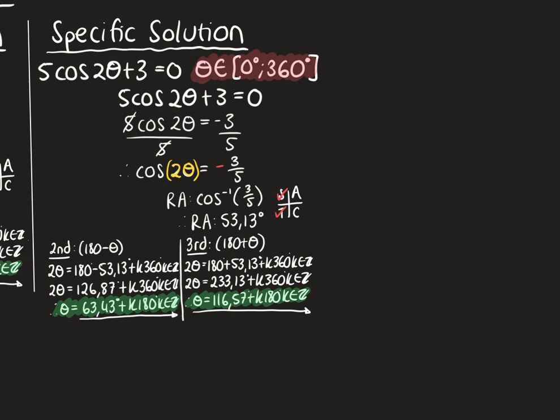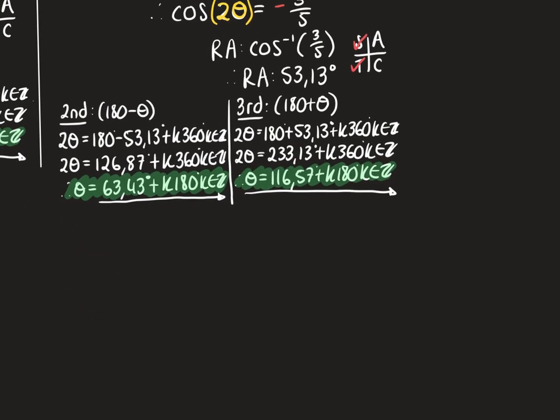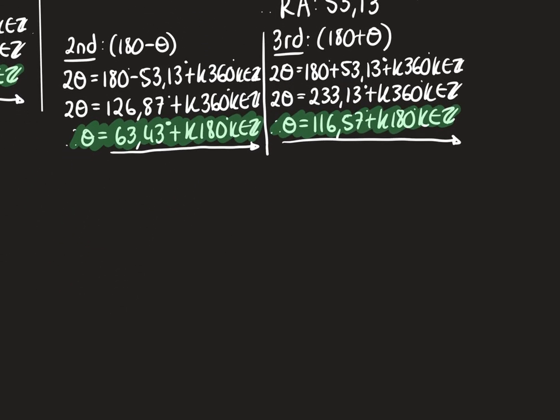So now if we know it's 0 to 360, we would start off by subbing in values. So I'm going to say, if k equals 0, therefore theta would equal 63.43 degrees. Now, does 63.43 fall within my domain of 0 to 360? Yes, it does. Therefore, it is a solution.